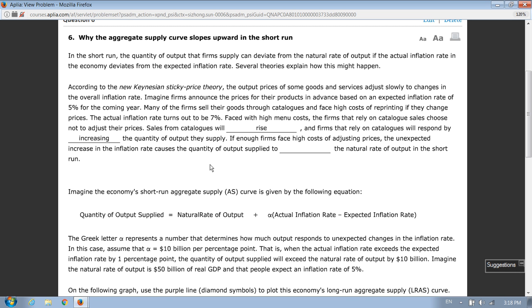If enough firms face high costs of adjusting prices, the unexpected increase in the inflation rate causes the quantity of output supplied to rise above the natural rate of output in the short run.